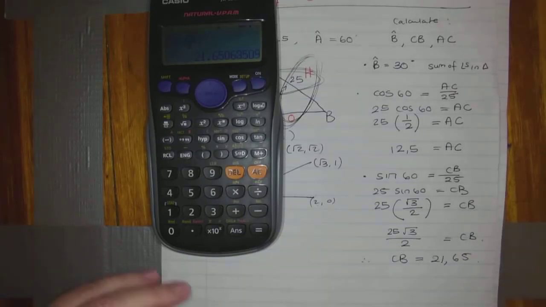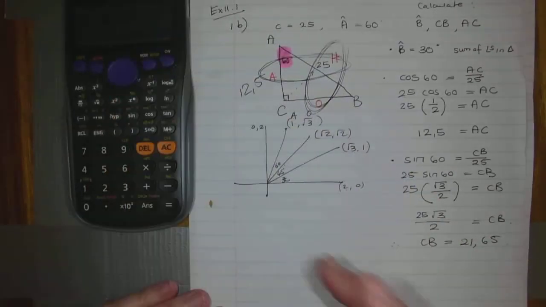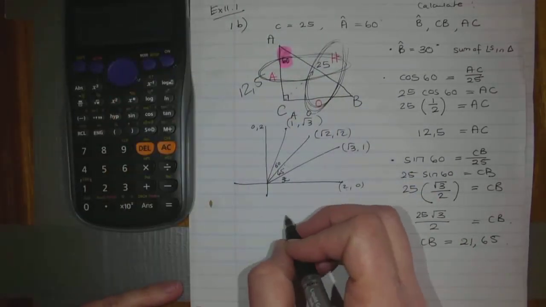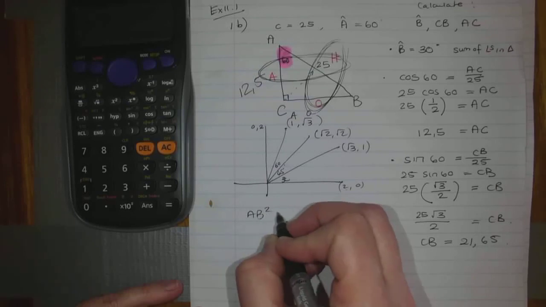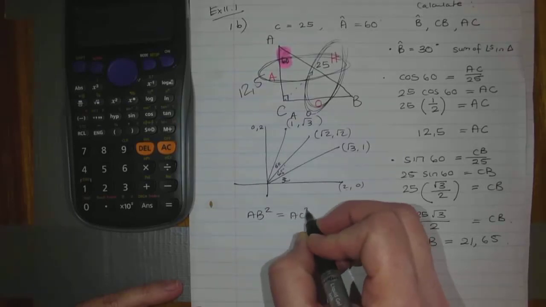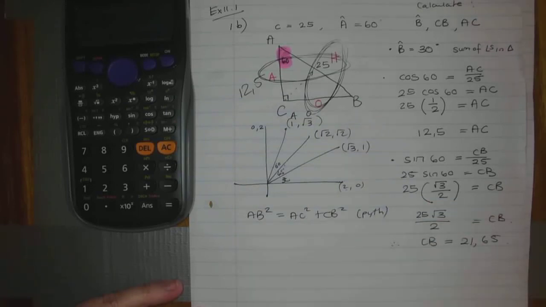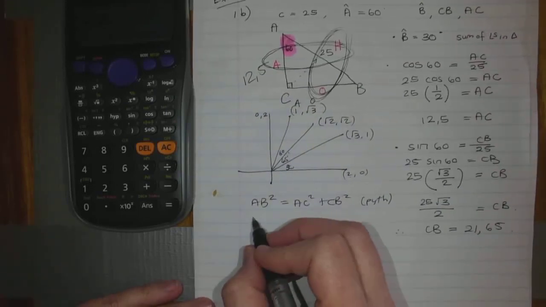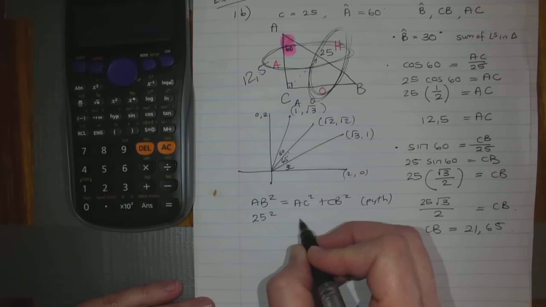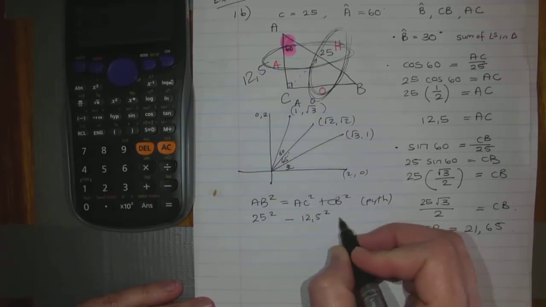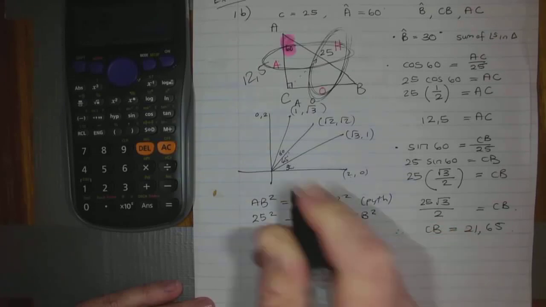Okay. If you used Pythagoras, you would have had to say that AB squared is equal to AC squared plus CB squared. Why am I using that? Because of Pythagoras. So 25 squared minus AC, 12,5 squared, will give me CB squared.